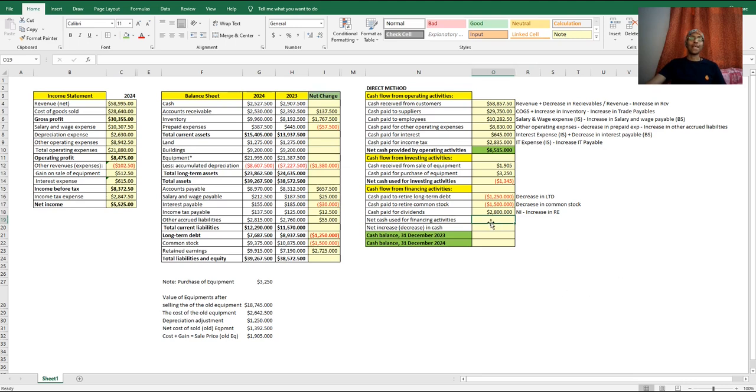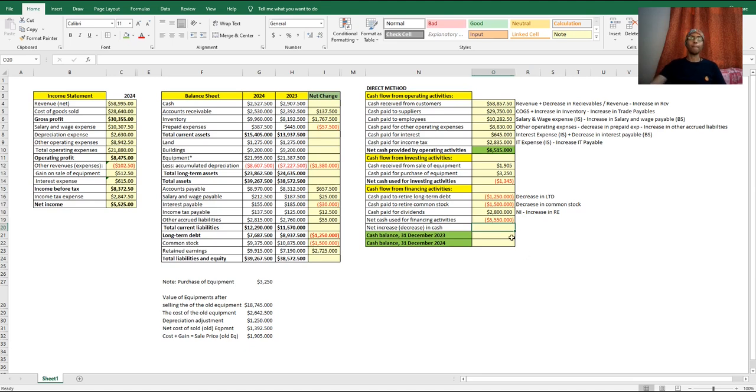Therefore, net cash used for financing activities is equal to cash paid, cash paid, cash paid. So this plus this minus this, because this is showing as a positive number, we do a minus of this. So this is the financing activity net cash outflow.